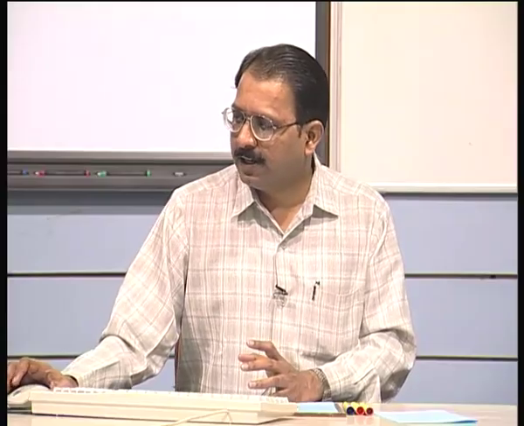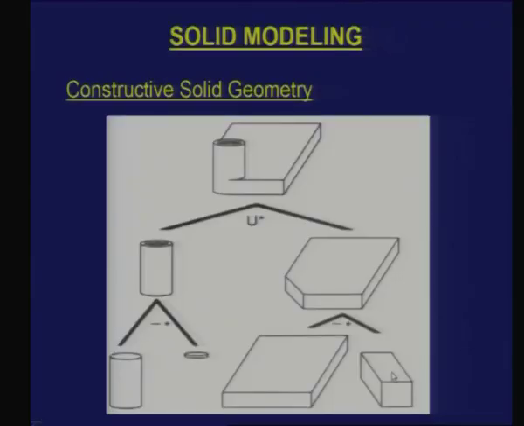So I will construct these two primitives, place this primitive with reference to this, and do a difference operation. When I carry out a difference operation, you are looking at material which is there in this but not in this, which gives me a shape like this. Once I have this object, I can model the cylindrical part separately. So I have two cylinders. Again I have a difference operation.